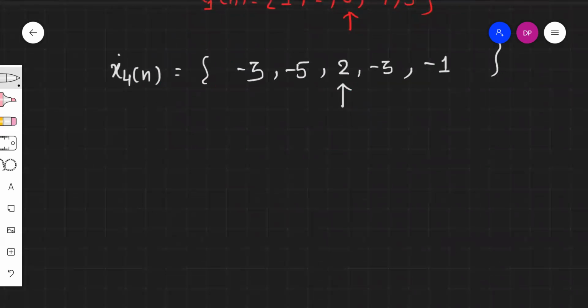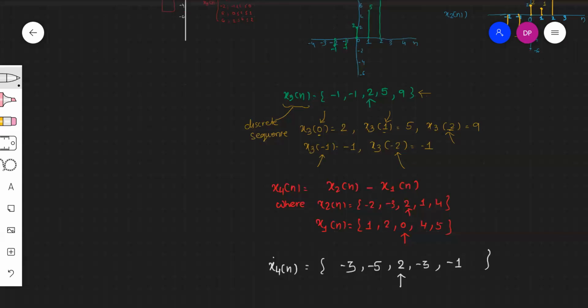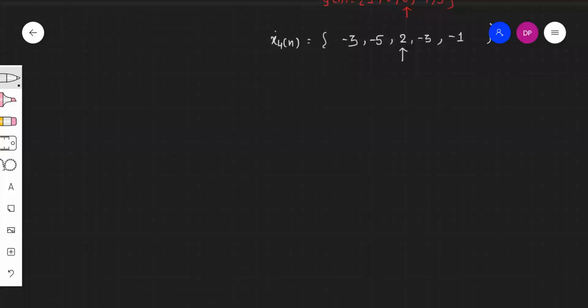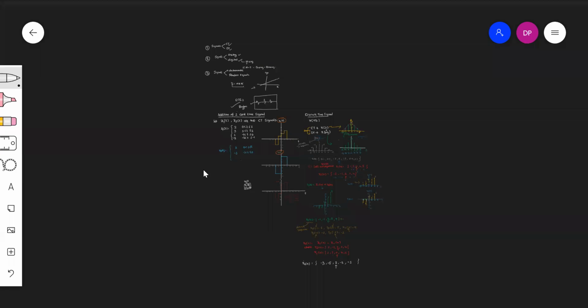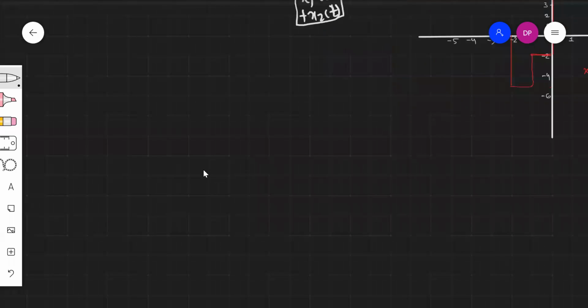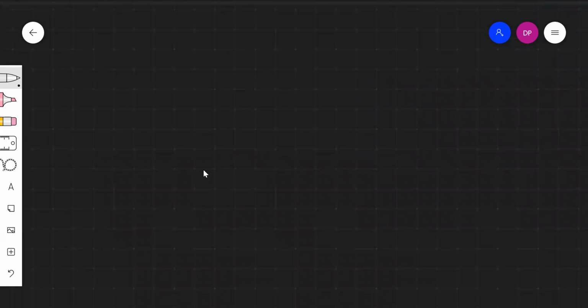So for continuous time signals and discrete time signals, we have seen addition of signals and subtraction of signals. Another important thing that we will see here is scaling of signals.